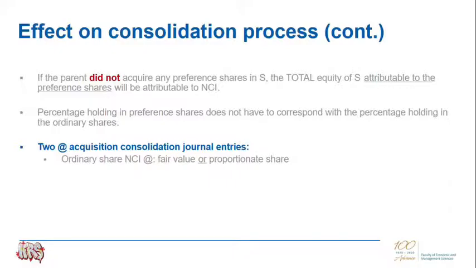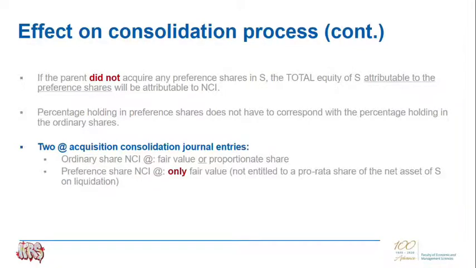What happens at acquisition date? The non-controlling interest in the ordinary shares, we had the option to measure them either at their fair value or their proportionate share, because the ordinary shareholders are entitled to a portion of the net assets of the subsidiary should the subsidiary liquidate. But if you have preference shareholders, your at acquisition date preference share NCI can only be measured at fair value.